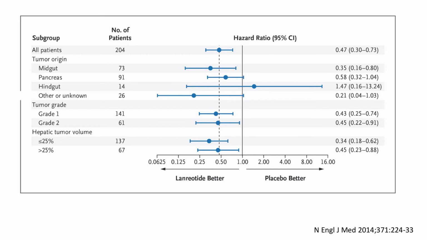There was also a split looking at hepatic tumour volume. From the PROMID study, there was a subset analysis that patients with low volume liver disease probably did better. So an inkling that maybe we should think about starting these drugs while the disease is relatively small.